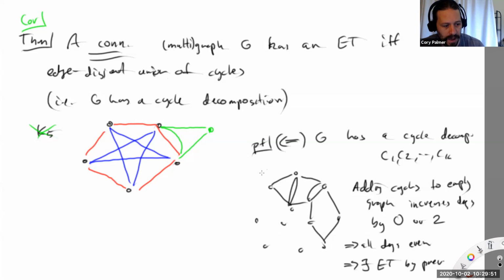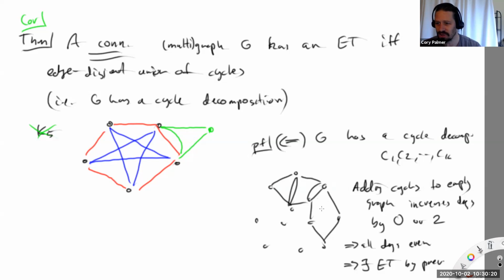Now, I don't want to prove it, but if you think about this for a little bit, you can make this procedure find the Euler tour directly without invoking the even degree theorem. The rough idea is to place down the first cycle, which clearly has an Euler tour. Just walk around the cycle. Now place down the second cycle. That cycle also has a tour just around it. If it shares vertices with the first, then it's easy to append the two to each other. Walk along this one, and then from the shared vertex, walk along the other one.